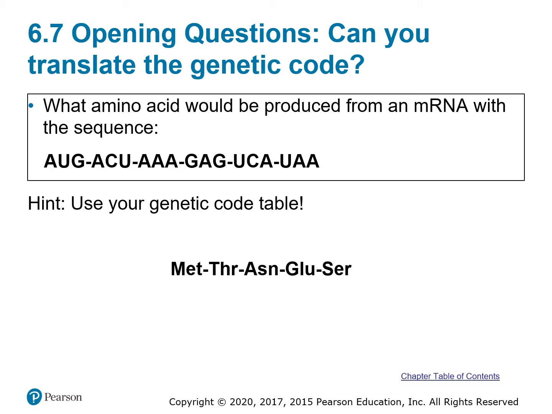And then what you're going to want to do is go codon by codon. So we just looked up AUG, and AUG is methionine. Okay, then you want to look up the ACU and the AAA and the GAG and the UCA and the UAA. Okay, and see if when you do that using the chart, if you can come up with this polypeptide chain.